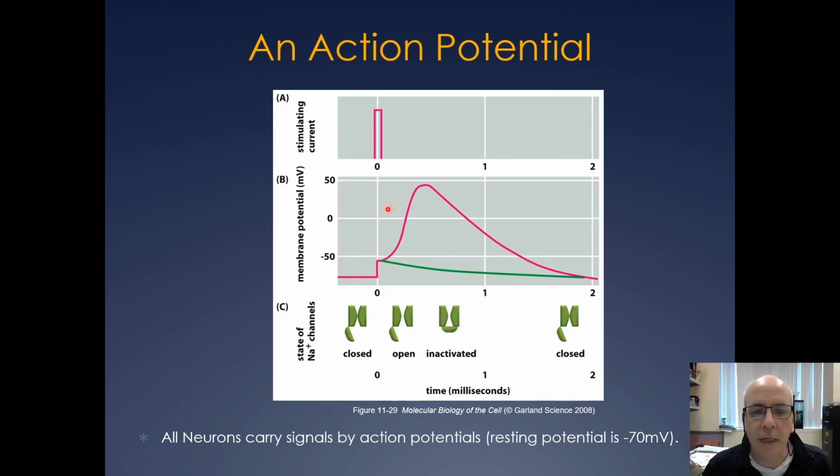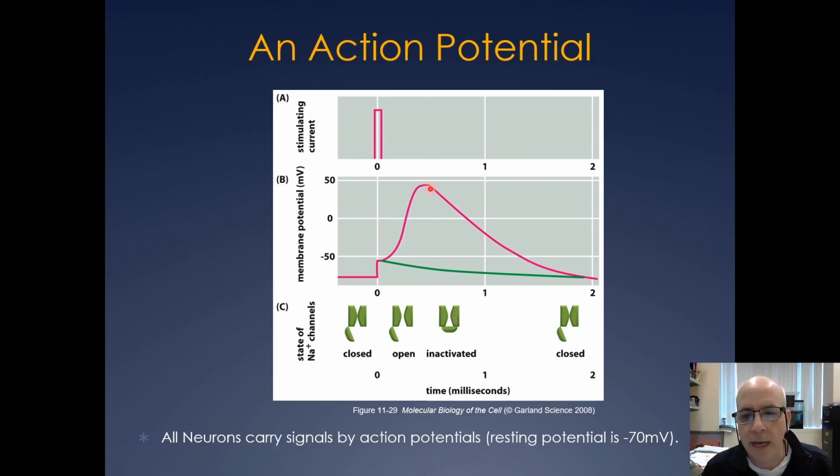And so if you give some sort of stimulating current, the closed channel will then open, ions can flow in, the membrane will get depolarized, and then the channel is actually in an inactive state. It can't reopen and ions can't pass.